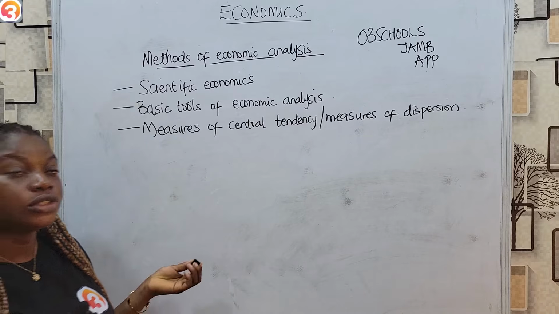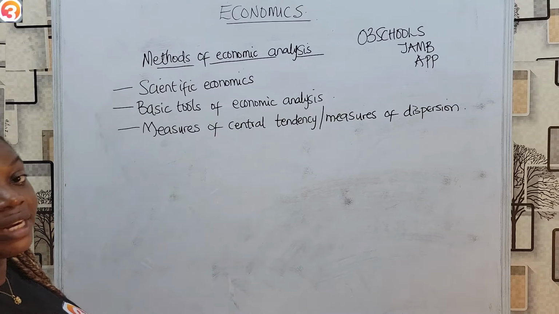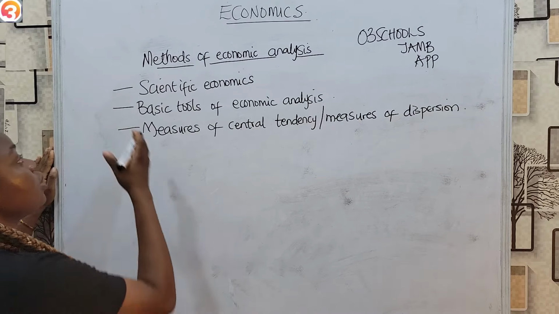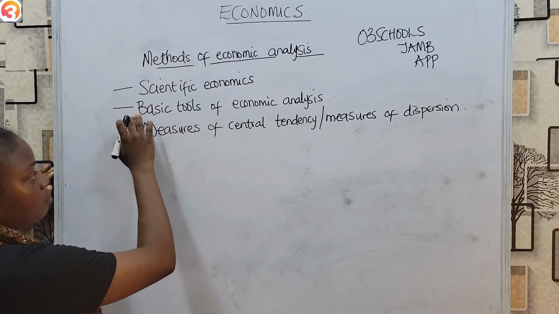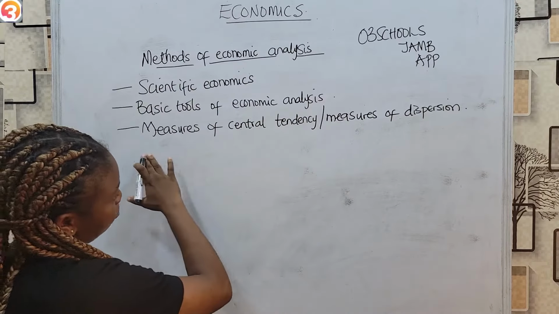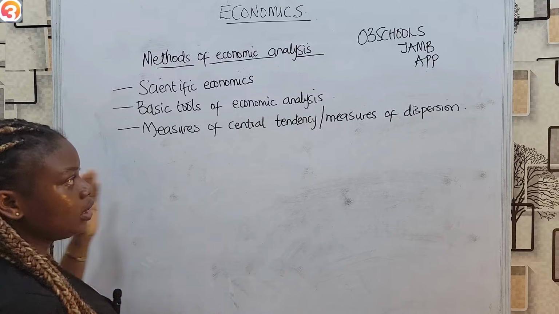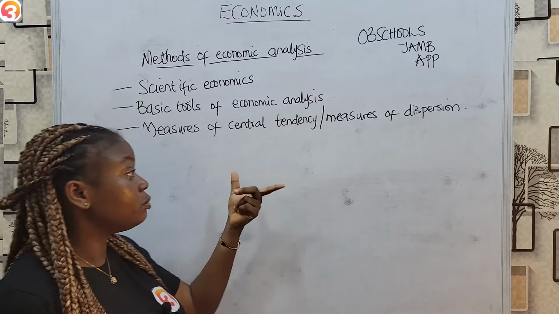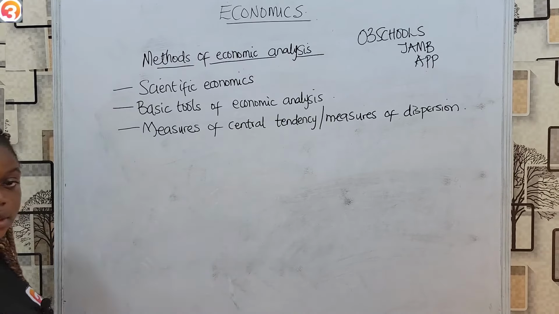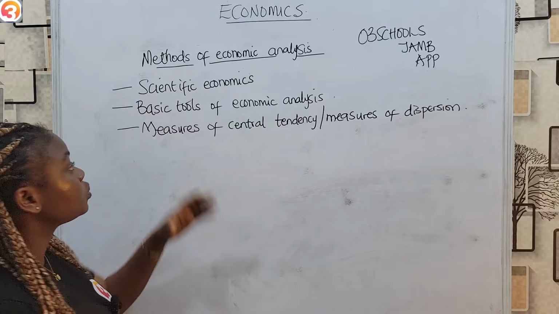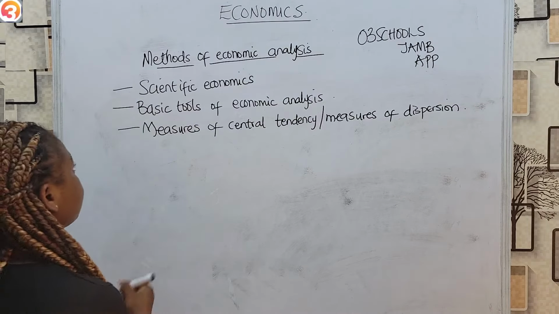So we divided the topic into three aspects: scientific economics, the basic tools of economic analysis, and the measures of central tendency slash measures of dispersion. So in this very first class, we'll be looking at scientific economics.